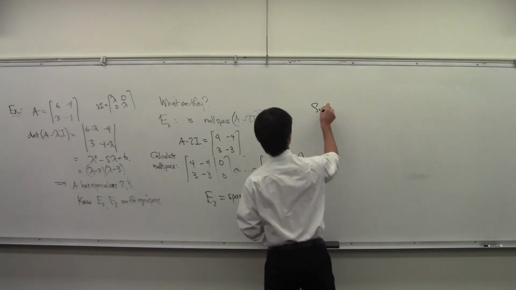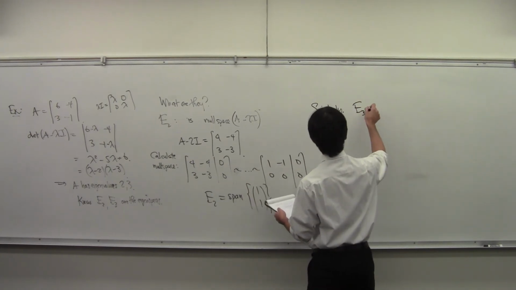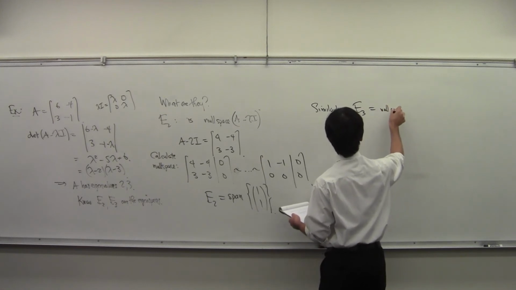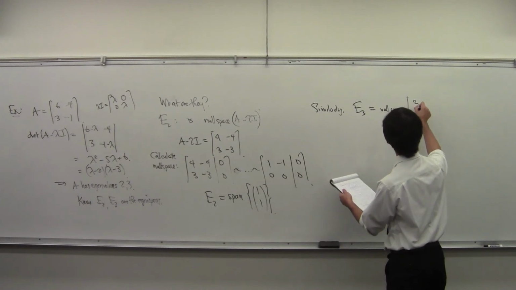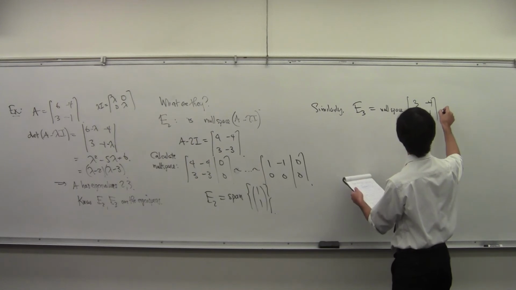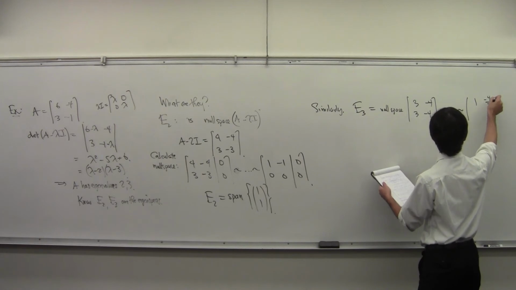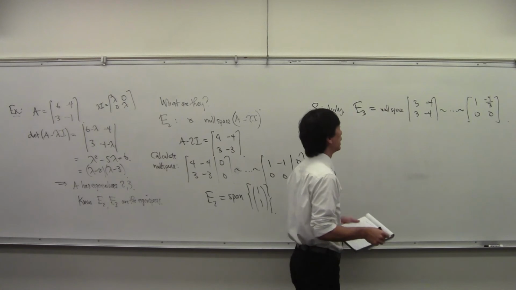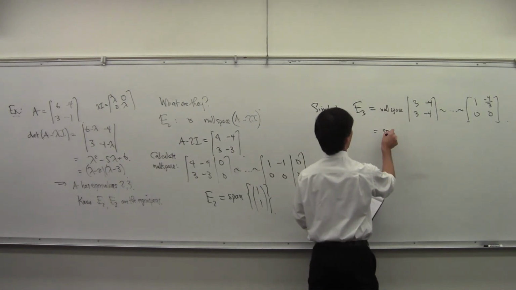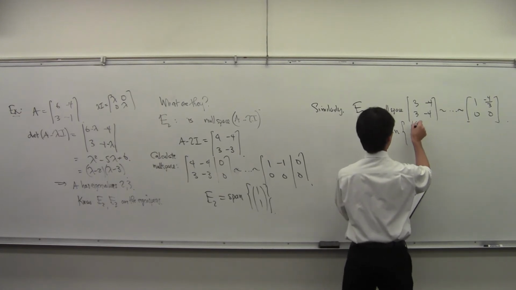Similarly, we see that E3 is the null space of A minus 3I. So it's going to be [3, -4; 3, -4], which is equivalent to [1, -4/3; 0, 0]. And so we see that this has as its basis (4/3, 1).